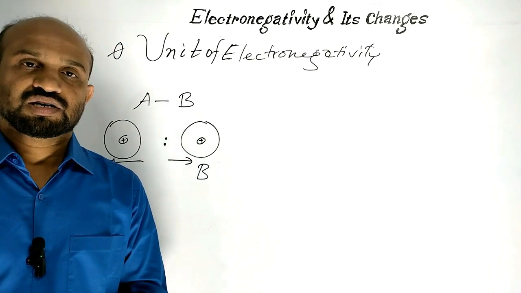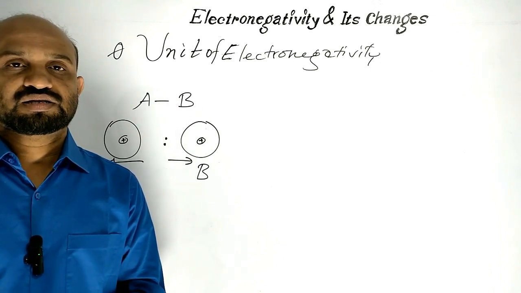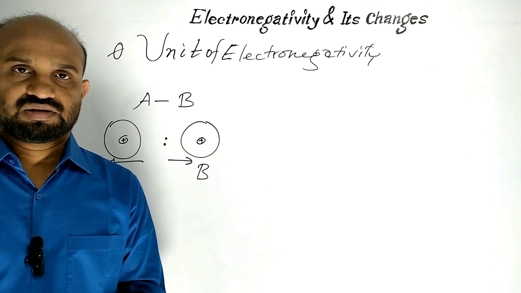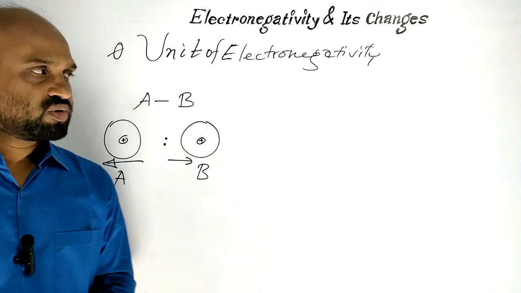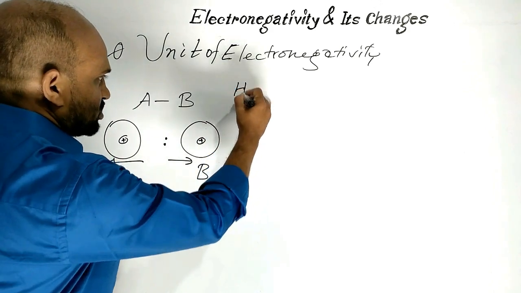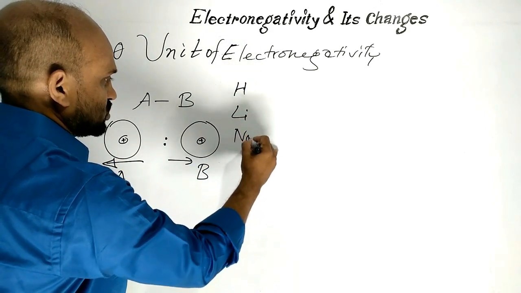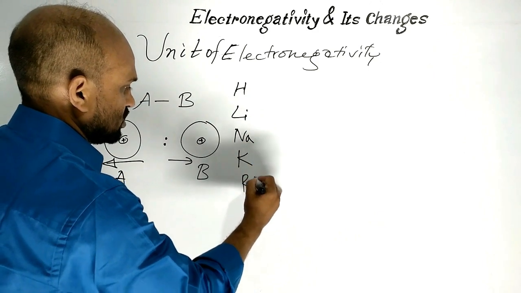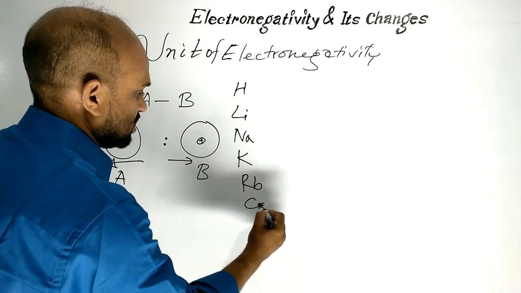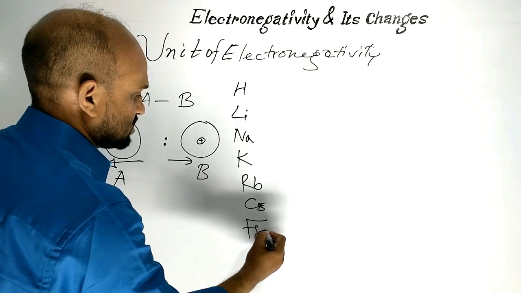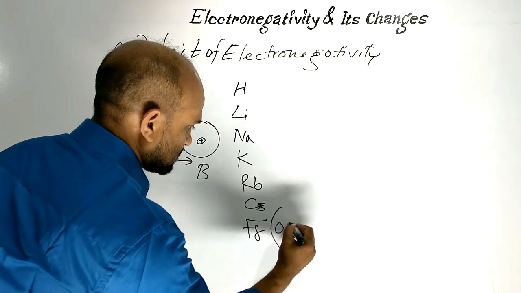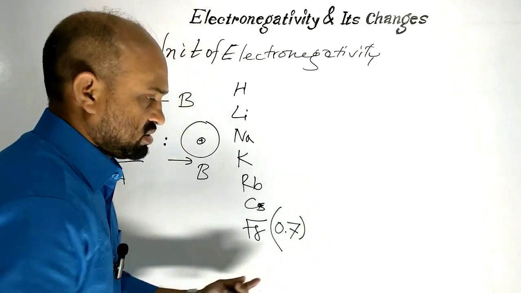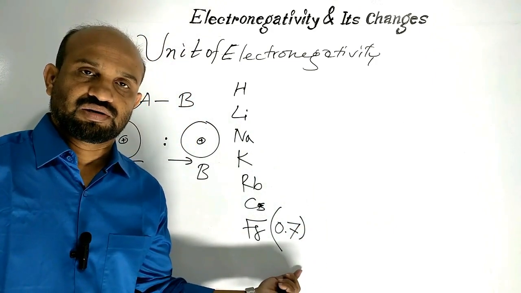American chemist Linus Pauling designed a scale of electronegativity that ranks elements with respect to each other. For example, hydrogen, lithium, sodium, potassium, rubidium, cesium, and francium. The electronegativity of francium is the least, that is 0.7.